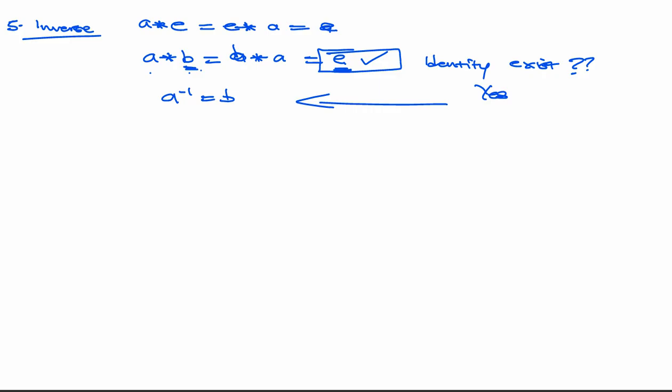I'm going to do a number of questions now using what we've just read. The first question, I'm taking questions from your lectures. The first question says: define star on Q, which is the set of rational numbers, by x star y equal to xy over 5.